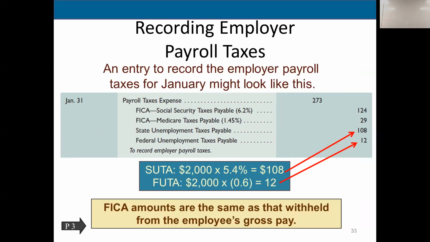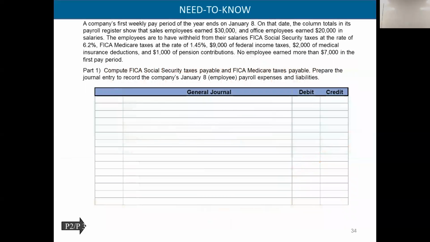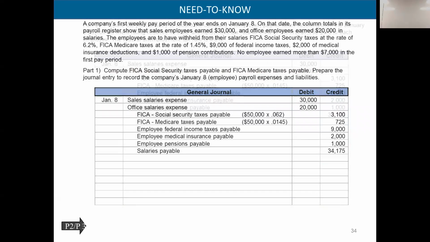So for the SUTA tax, it looks like we're applying the full 5.4%, and then we're getting the credit on FUTA, so we're just taxed at 0.6.